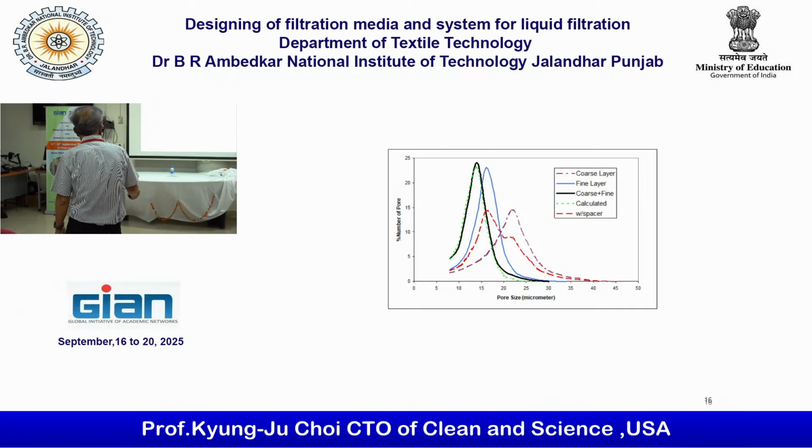If you have some space in between the layers, then this is what you see, the red one. So this one has part of this characteristic, that one has part of that characteristic. I believe you understood. Tightly bonded and loosely bonded are characteristically different.